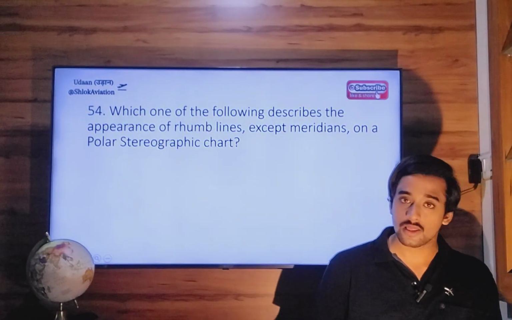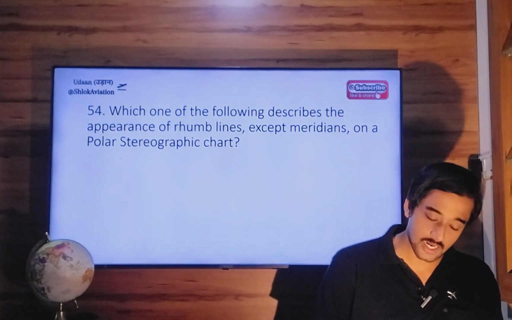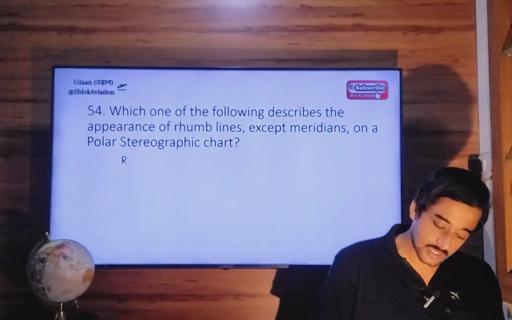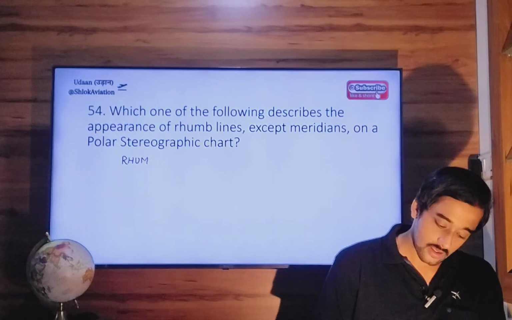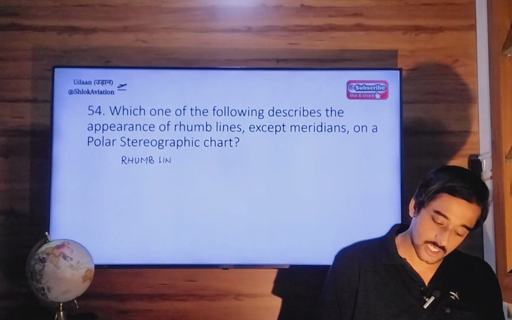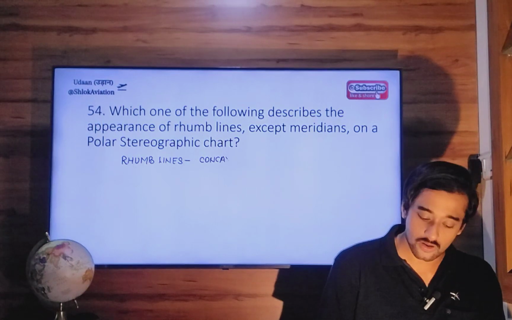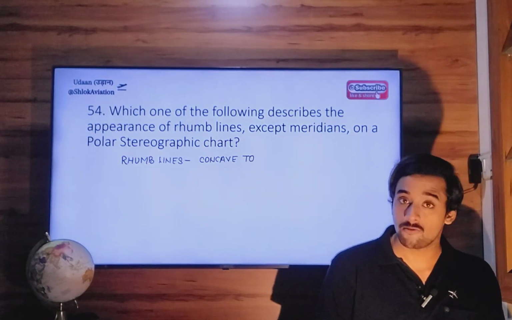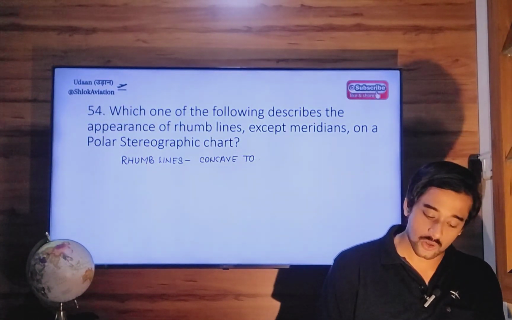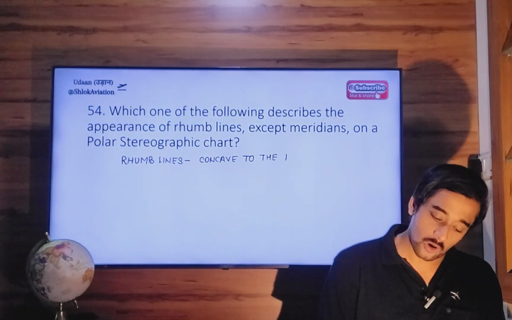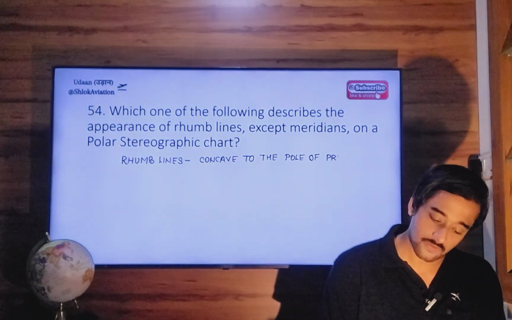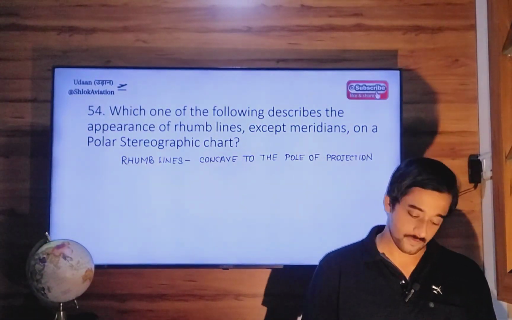So just now we saw in the first question we did in this lecture that rhumb lines on polar stereographic projections are lines which are concave, that means bend away, concave to the pole of projection.